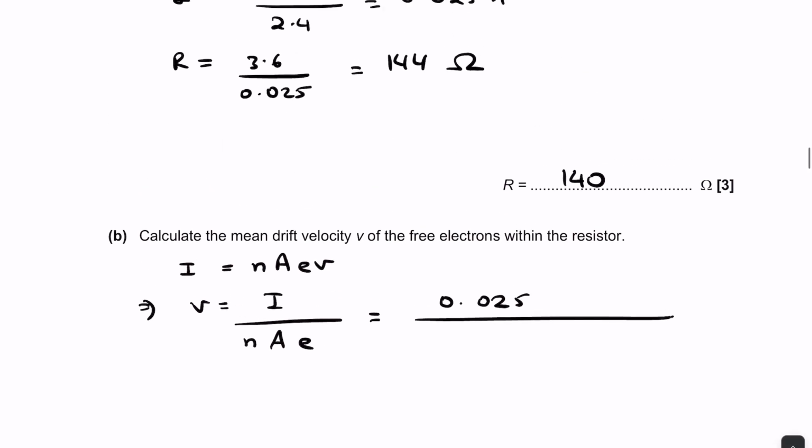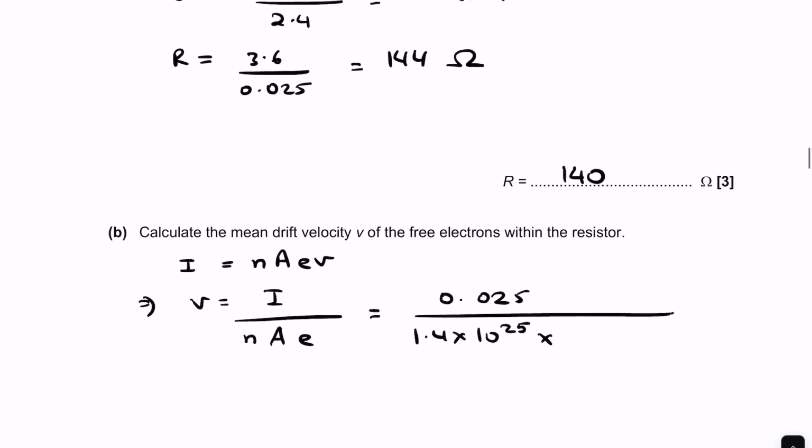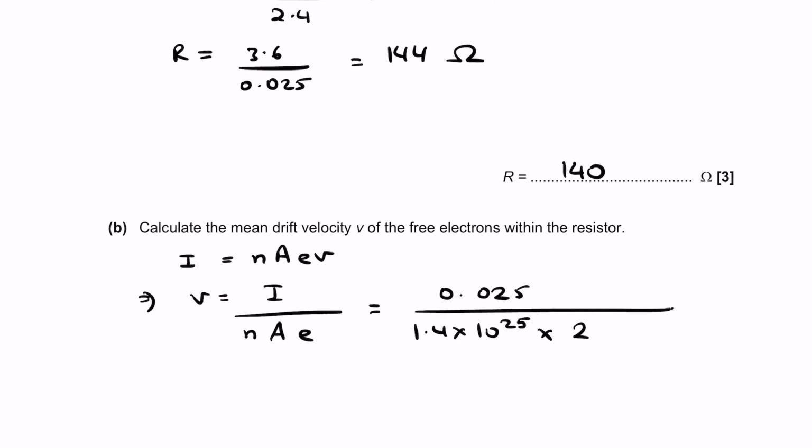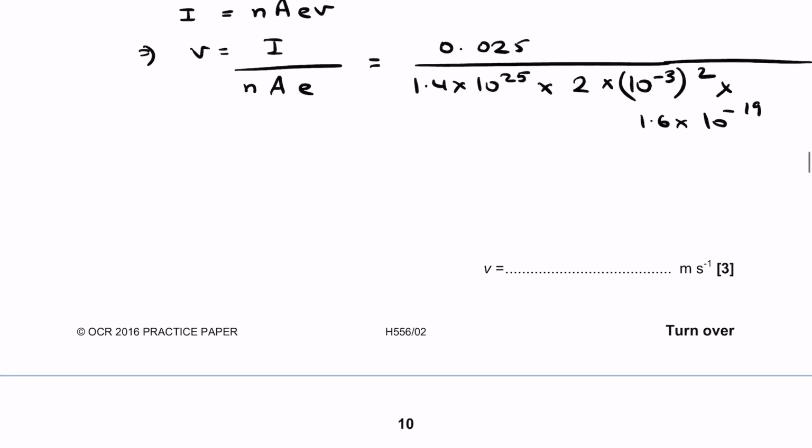The number density is 1.4 times 10 to the 25 per meter cubed, and the area is given to us in millimeters squared, so I am just going to times it by 10 to the -3 squared, and that would be in meters squared, and the electron charge is this much. So that gives us an answer of 5.6 times 10 to the -3 meters per second.